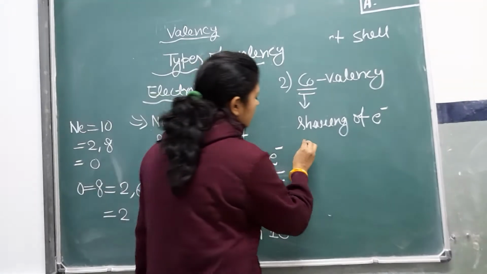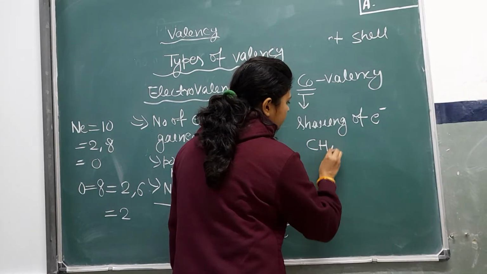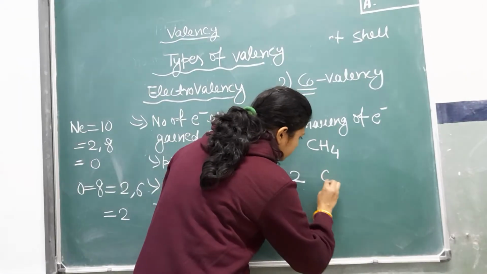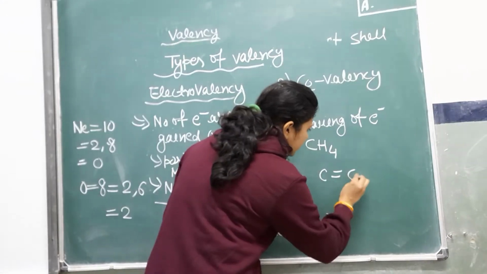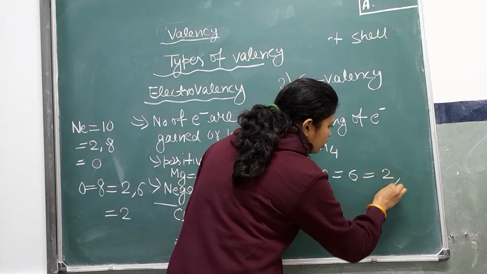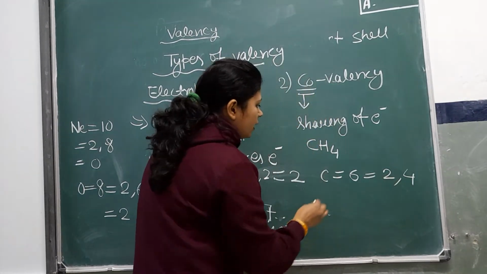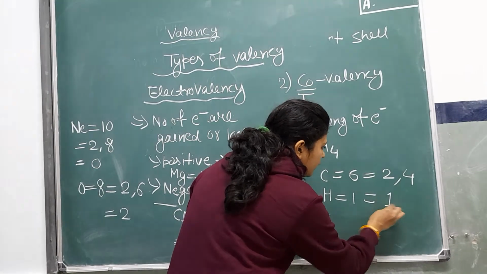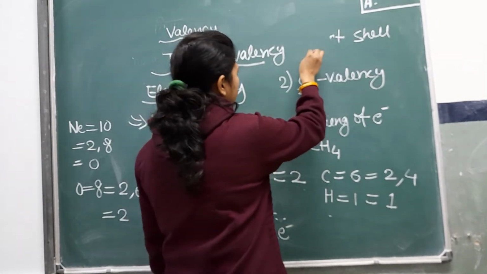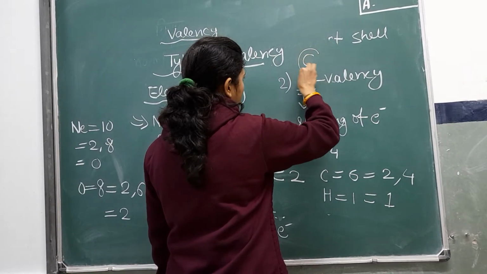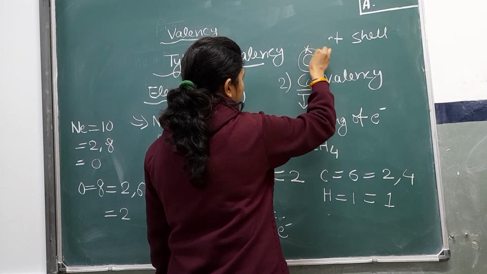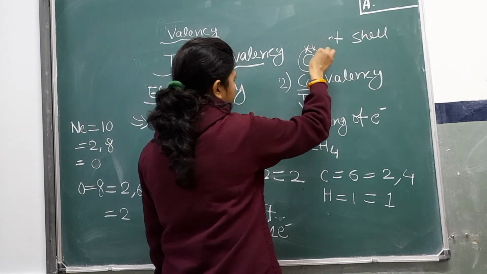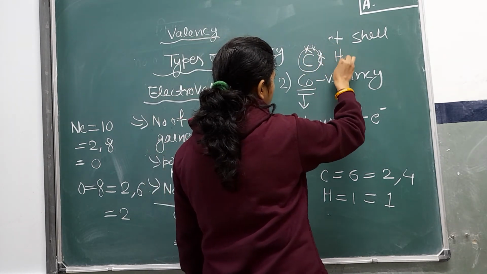For example, CH4. In this, the carbon is 6, which is 2 and 4. Hydrogen is 1, which needs 1 electron.